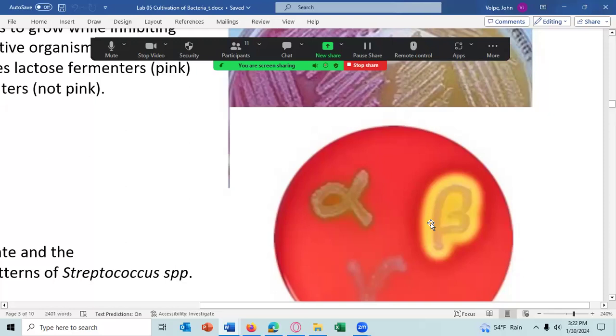Any question about any of that? Let me point out that it's very normal to see a ring of alpha hemolysis, the darkening of the blood, around the beta hemolysis. That is very normal.